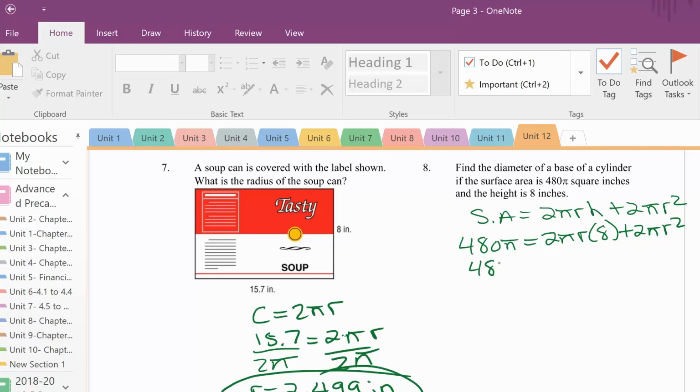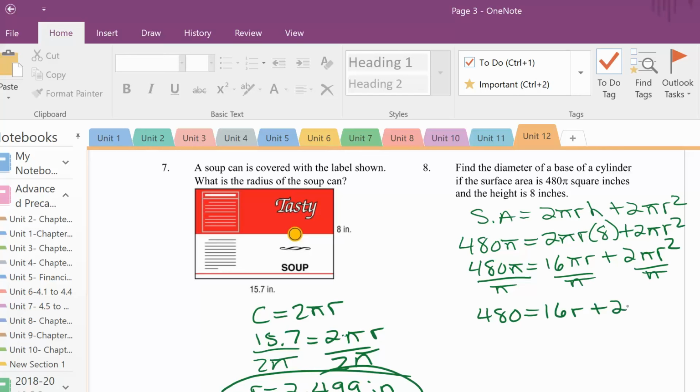When you multiply, you get 16 pi r plus 2 pi r squared. Then you can divide each term by pi, so you get 480 equals 16r plus 2r squared. Notice each term can be divided by 2, so you get 240 equals 8r plus r squared.